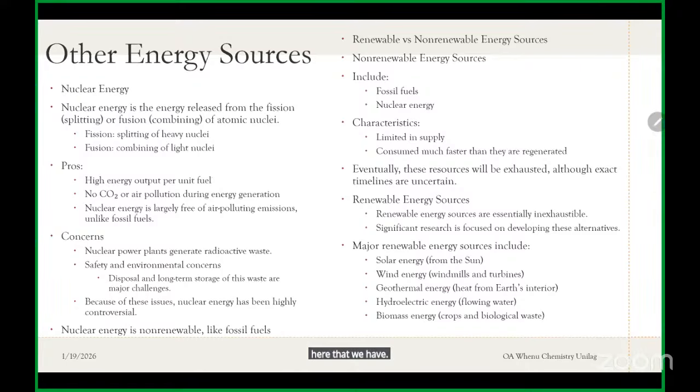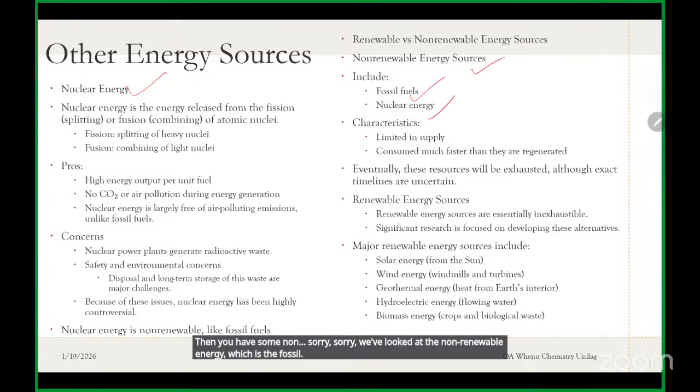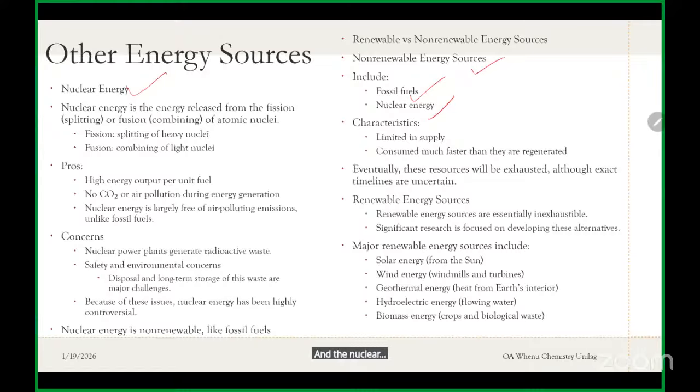Other energy sources that thermodynamics looks into include nuclear energy. We've looked at the non-renewable energy, which is the fossil and the nuclear. Nuclear energy is energy from the atomic nucleus, whether fission or fusion. However, it is used only rarely because it generates a lot of radioactive waste.